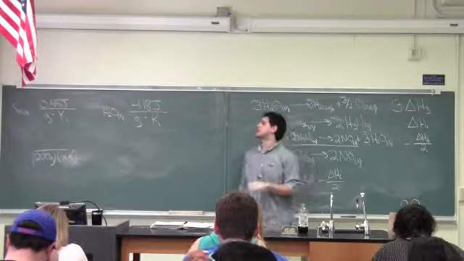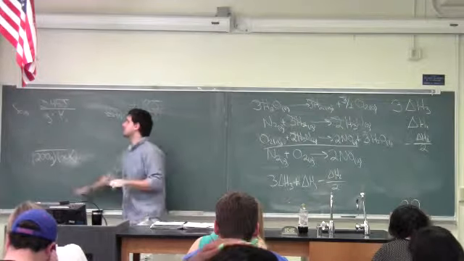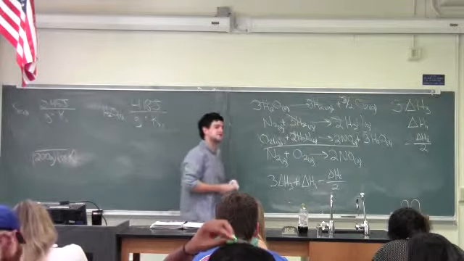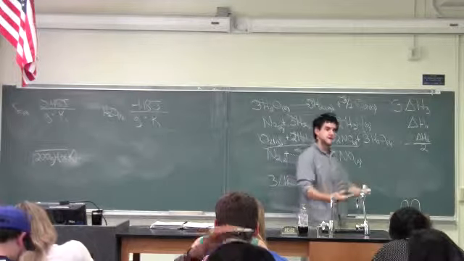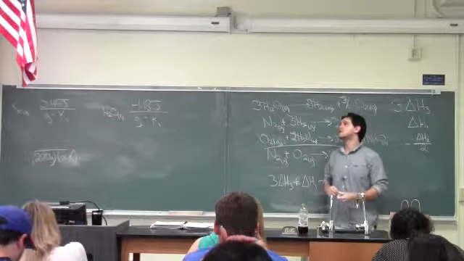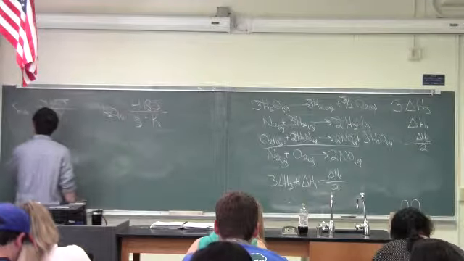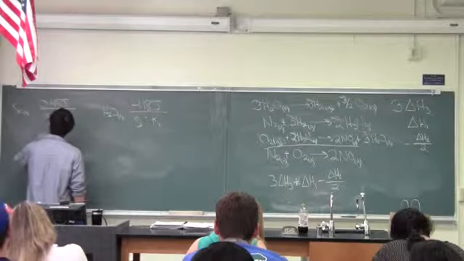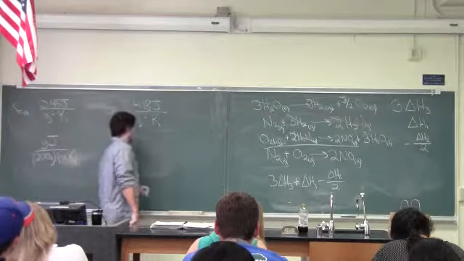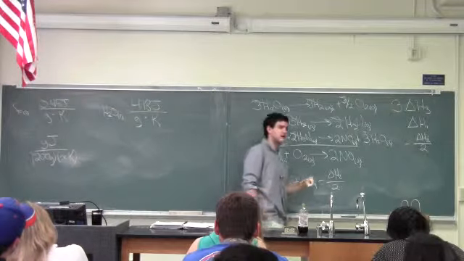Now, I also don't know the amount of energy that's been transferred from the iron to the water. So I'm going to call this Y. So this is just the heat capacity for iron.